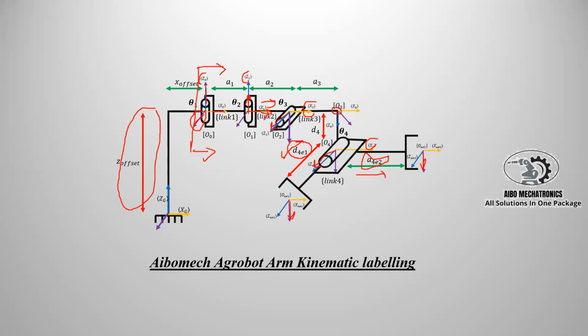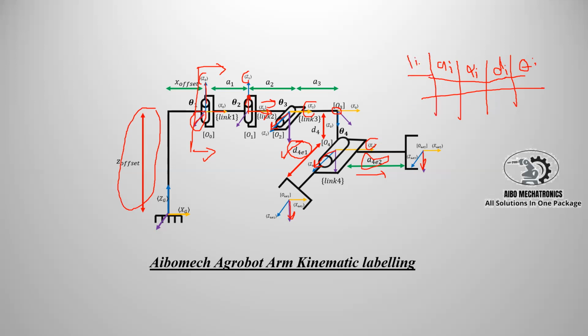So this is the labeling of the Denavit-Hartenberg parameters, and from here we can extract the parameters that we are looking for, starting from a_i, alpha_i, d_i, and theta_i, and come to here, do the axis labeling.